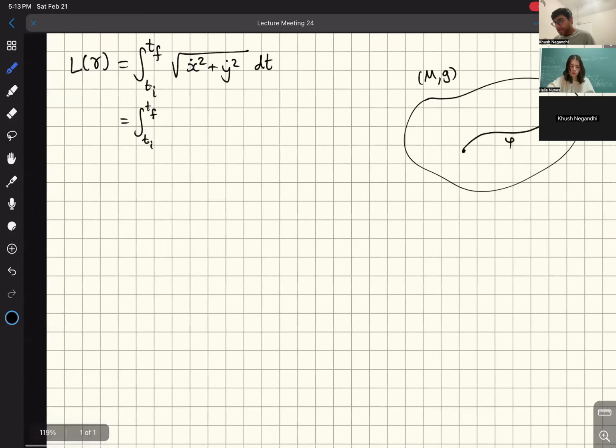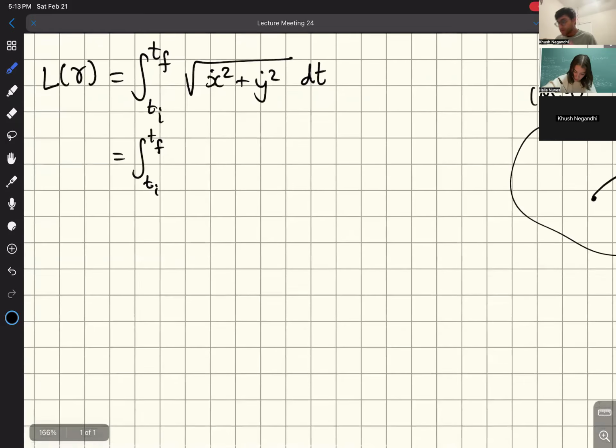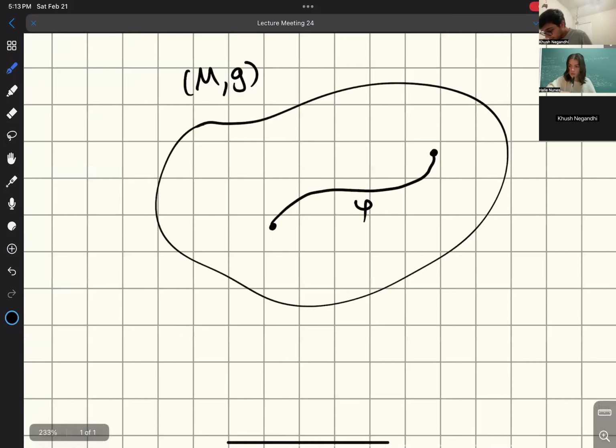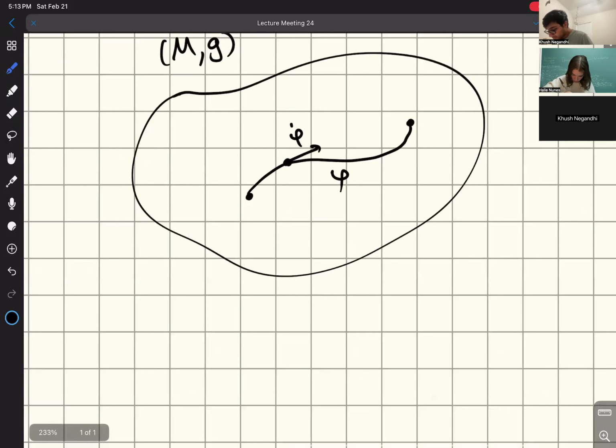Now, what exactly is x dot? It's basically, if I take the velocity vector phi dot, I look at its x component, that's what x dot is. But I know exactly what the length of phi dot should be. So I know that the length of phi dot is the inner product of phi dot at the point p with itself.